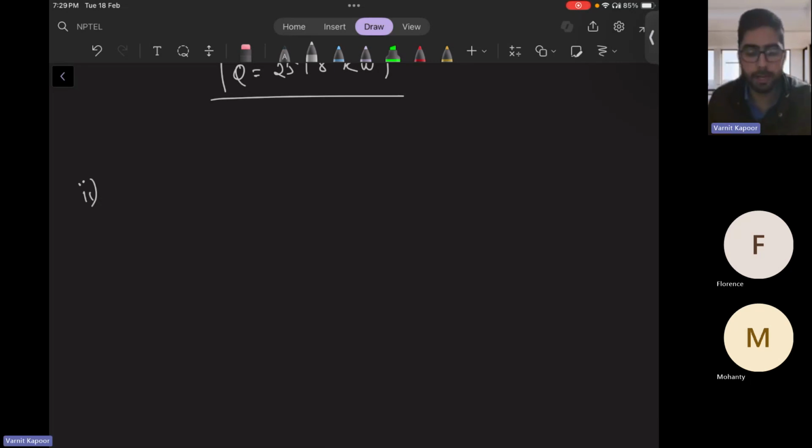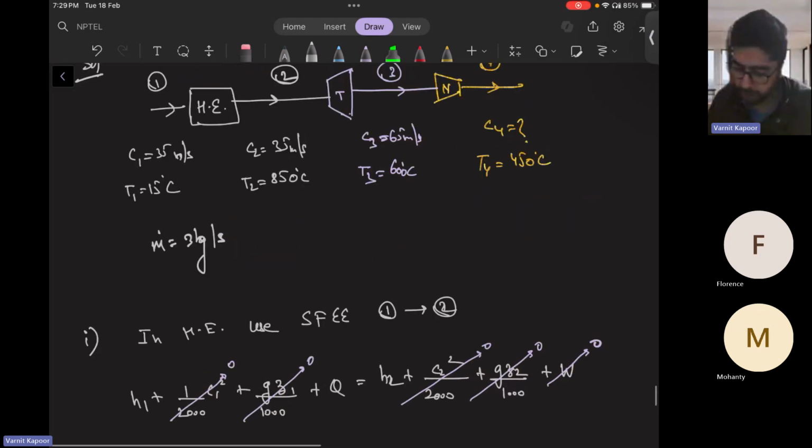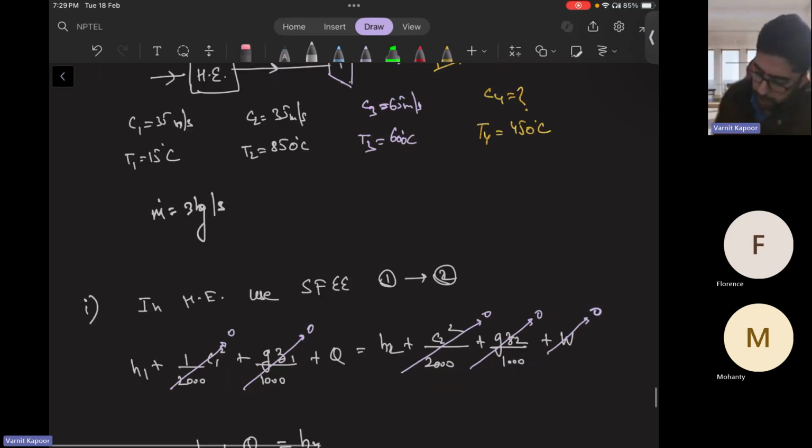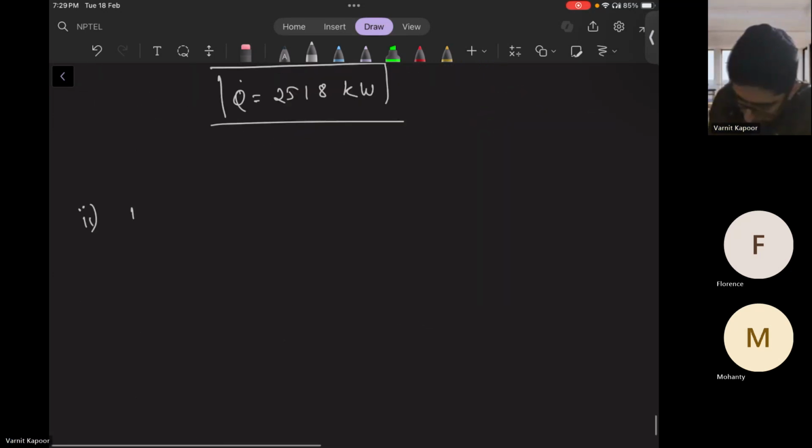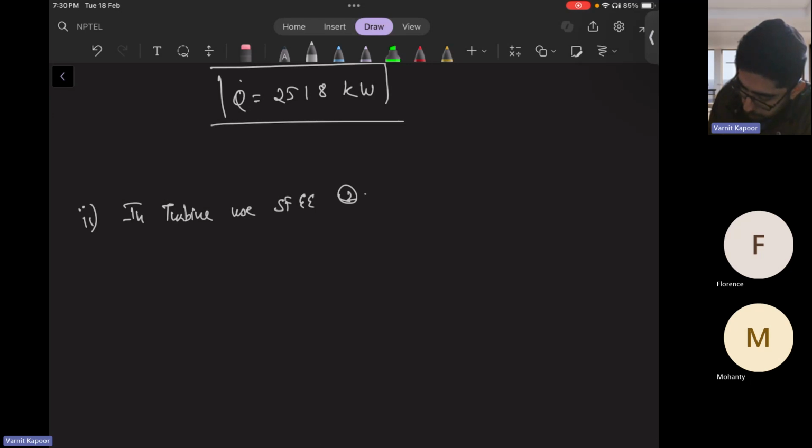Power output from the turbine, assuming no heat loss. So this is state 2 to 3. Power output they have asked, basically they are asking for the work output. So again use SFEE in the turbine, from state 2 to state 3.